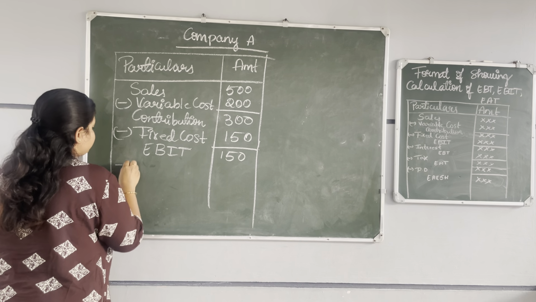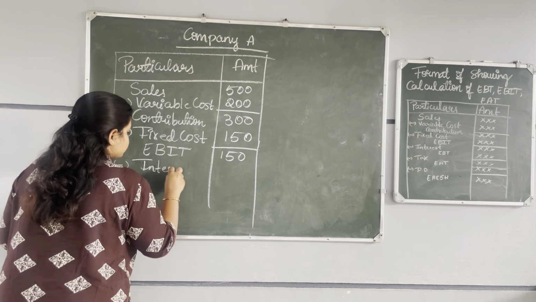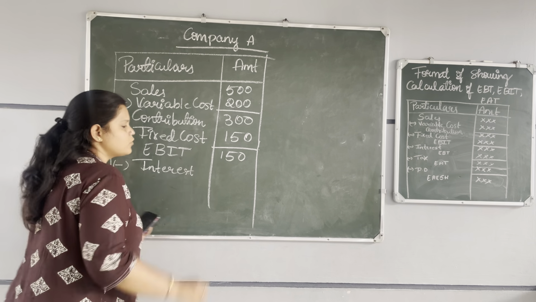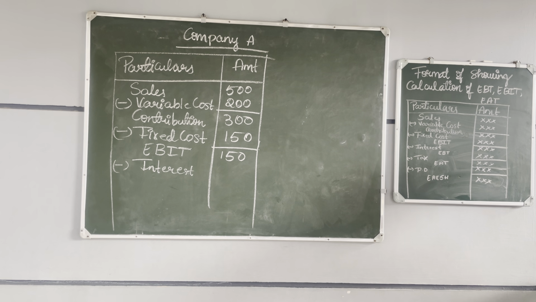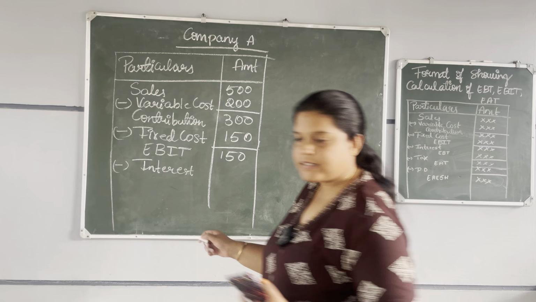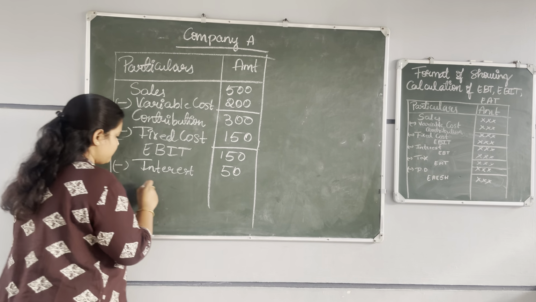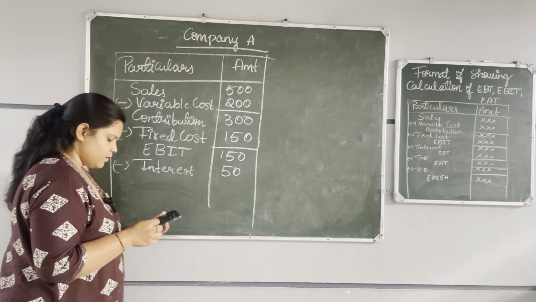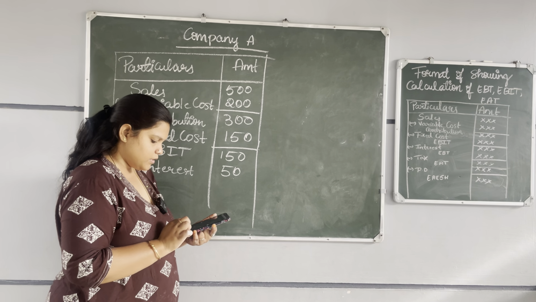After this we have to deduct interest. What's the interest amount they have given? Yes, interest amount is 50. 150 minus 50, you can calculate.